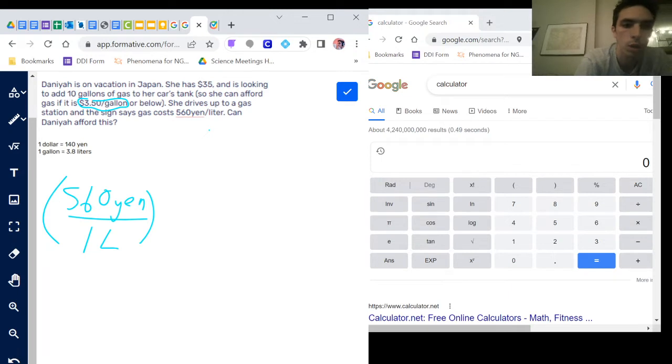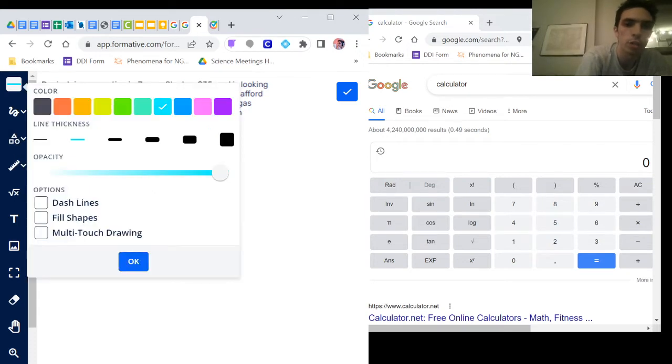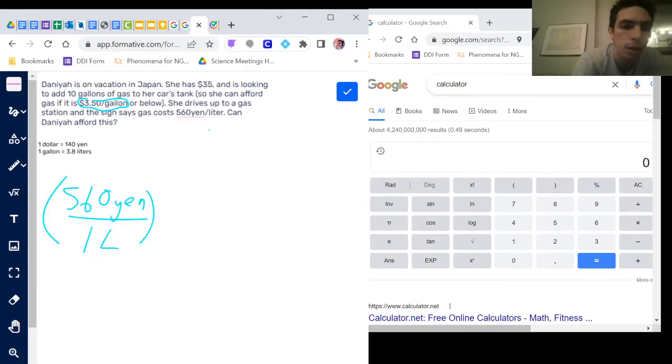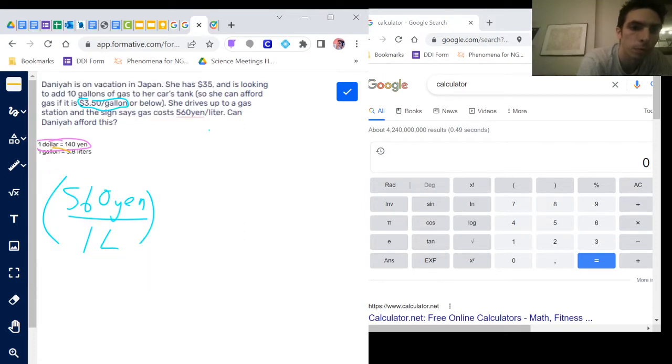Again, there's not one right order that we would do this in, but we need to do a conversion for dollars to yen and also gallons to liters. Just because I have the orange pen up, I'll go with the liters to gallons first.